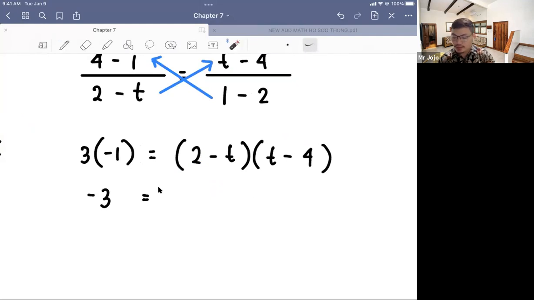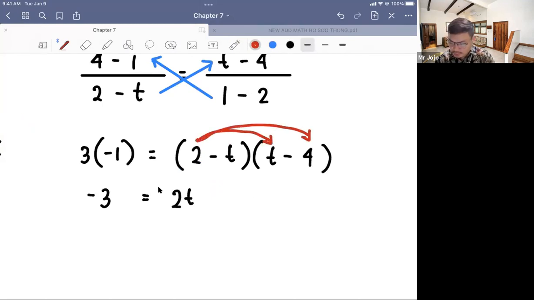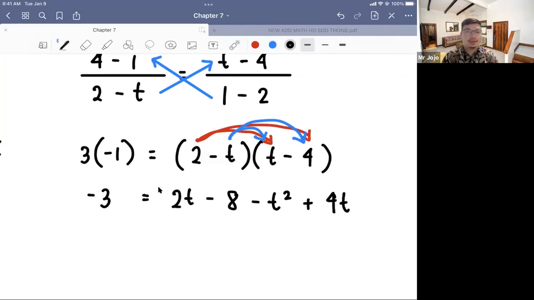Basically, you need to distribute this twice. So you get 2t minus 8. And then, of course, this one, negative t squared plus 4t. All right.